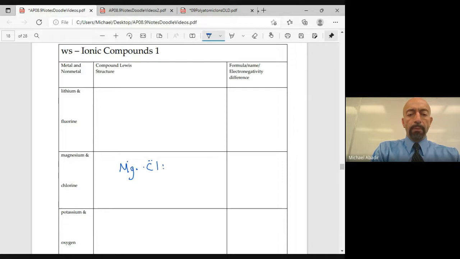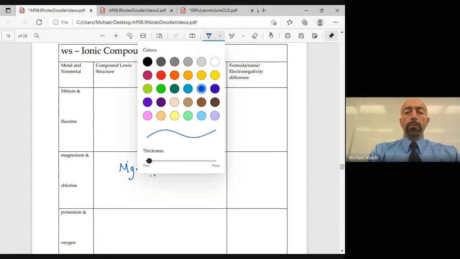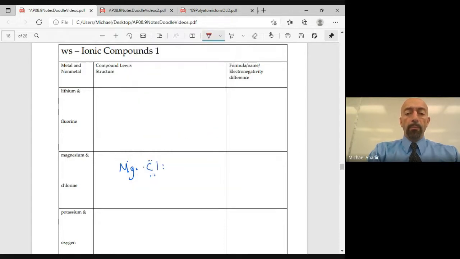So recall what elements tend to do is either gain or lose electrons to have 8 valence electrons in their outer shell. You can see that magnesium is going to tend to lose 2, but chlorine is only going to tend to gain 1. So if this magnesium gives up an electron to that chlorine, you're going to need another chlorine to gain the other electron that the magnesium is going to lose.